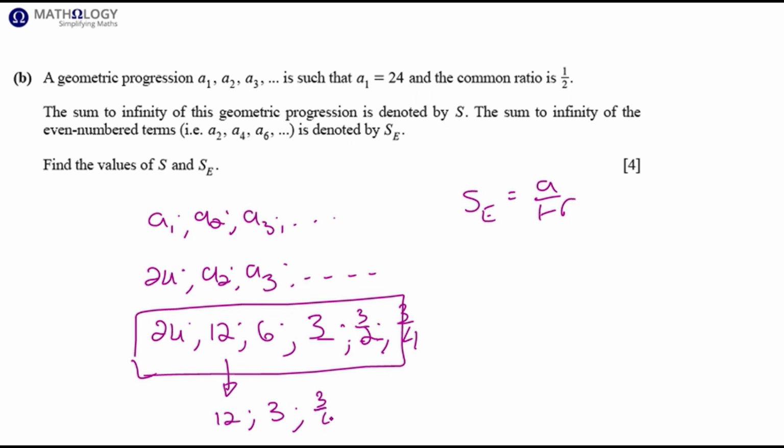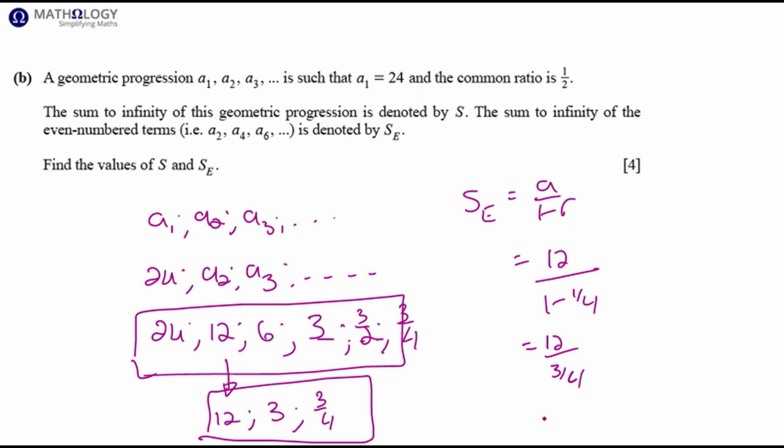So this is our sequence now. a is 12, and r is now a quarter. So it'll be 12 over 1 minus a quarter, which is 12 over 3 quarters, 48 over 3, which is 16. So the sum to infinity of the even numbered terms is 16.